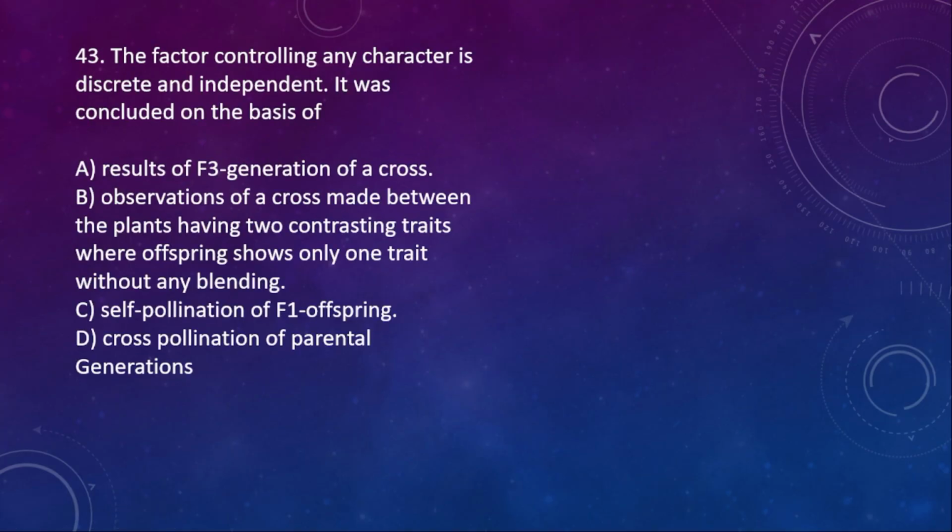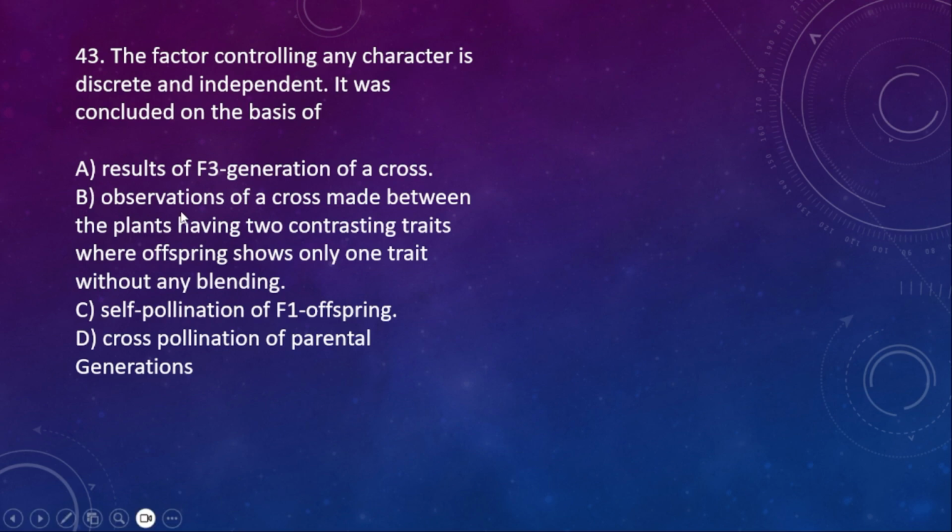43. The factor controlling any character is discrete and independent. It was concluded on the basis of option A, results of F3 gen of a cross.